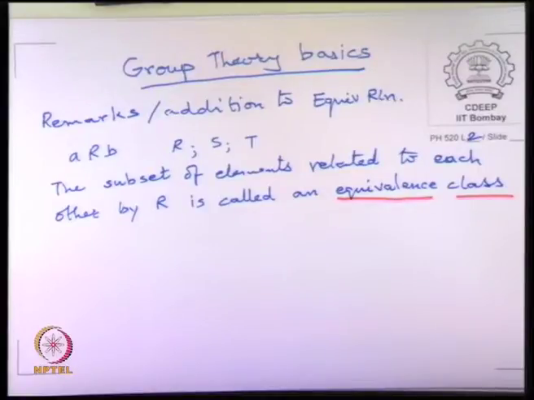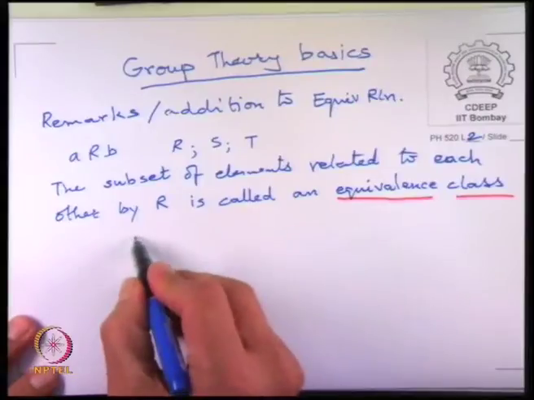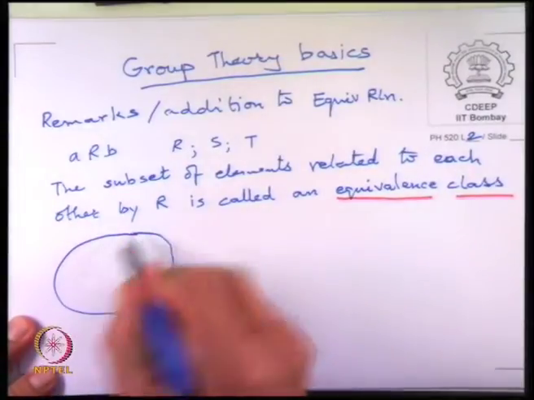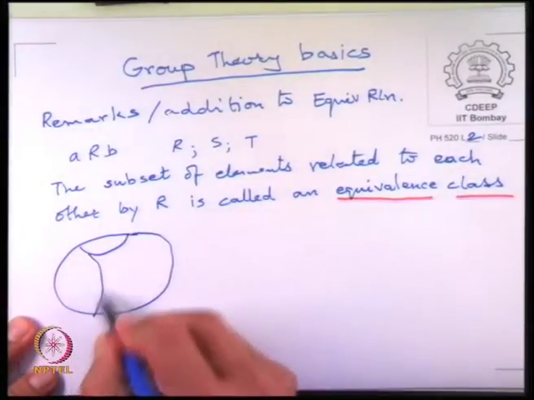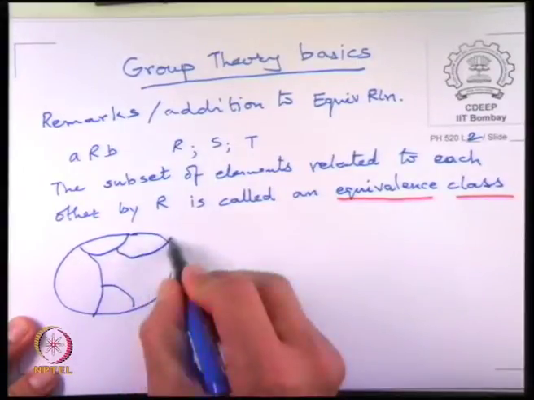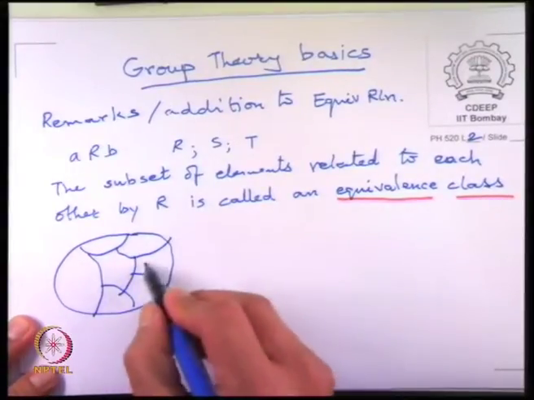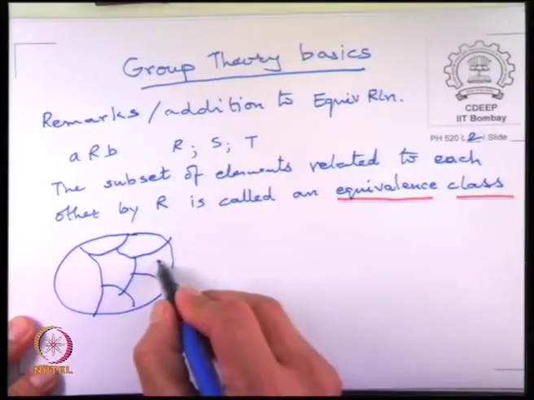So, the subset of elements which are all related to each other forms one equivalence class. So, what we drew, this bag of potatoes we were drawing, each one is essentially one equivalence class.